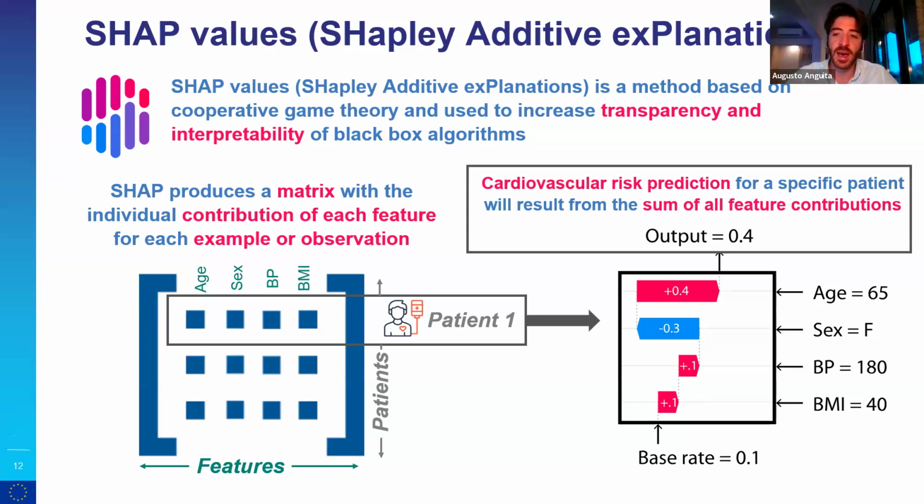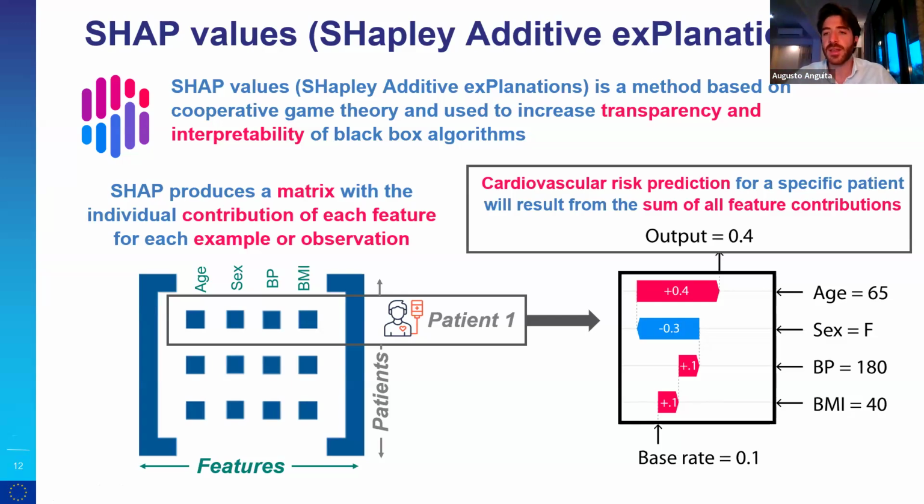And then we see how BMI, for example, contributes with a positive contribution to the risk class, like 0.1. Blood pressure in this individual contributes with another 0.1. And sex, being female here, is a protective factor with a contribution of minus 0.3.